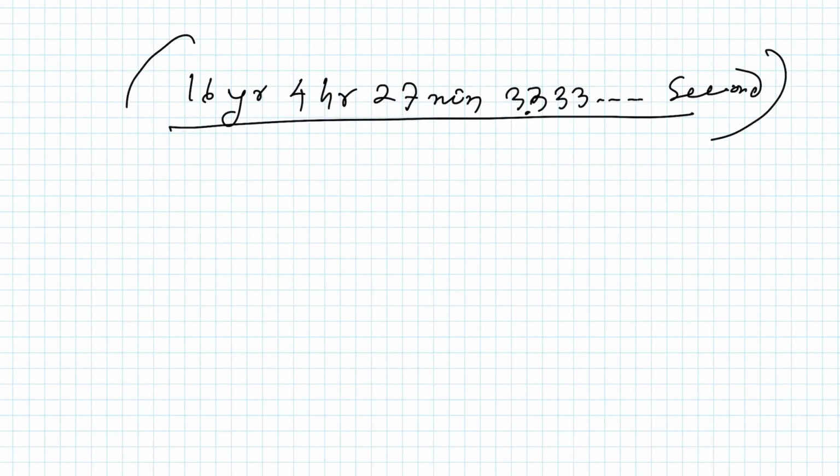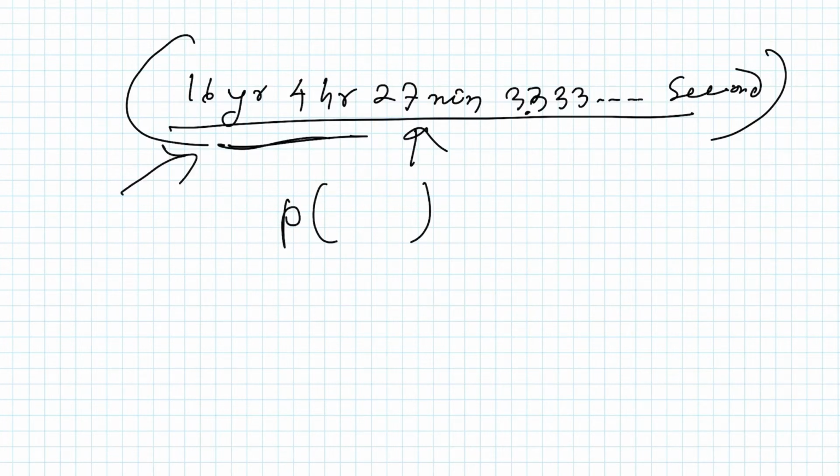So the probability of getting a person of this age is impossible. The probability of getting this particular age is 0.